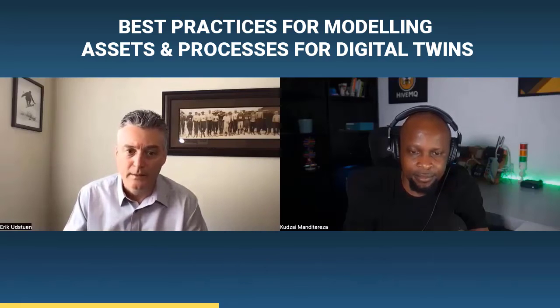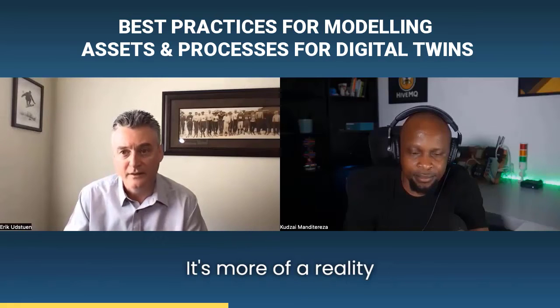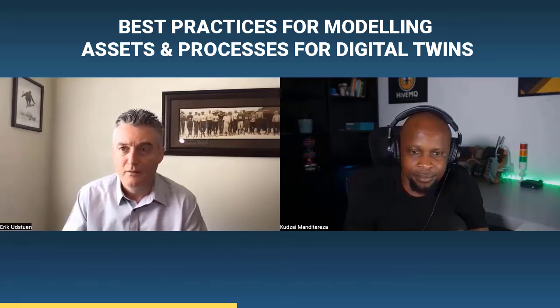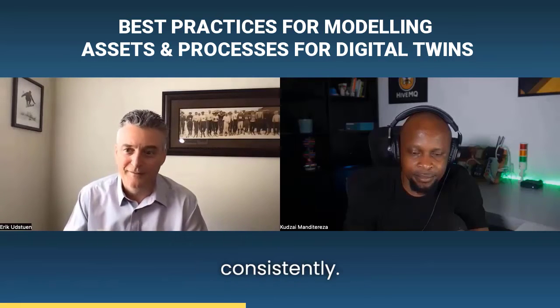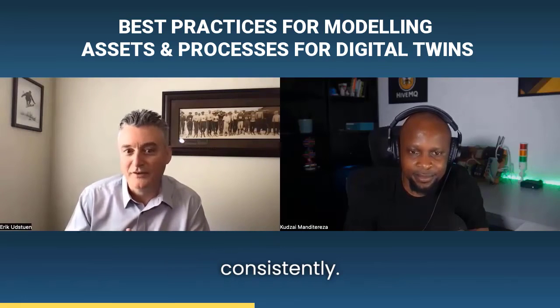And I don't know if you would call this a best practice. It's more of a reality that many customers, well, let's just say they didn't name their tags consistently. Maybe they didn't even apply asset framework consistently.